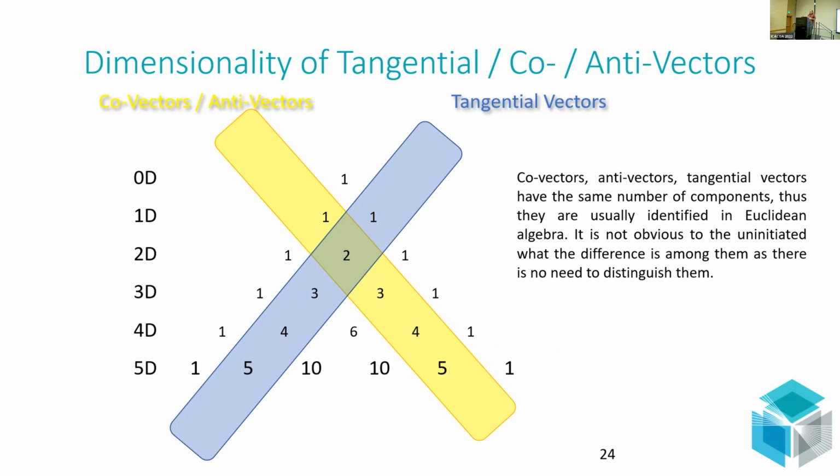We have the same number of components in all dimensions. And so in Euclidean algebra, you just identify them with each other. In 2D, they are exactly the same. In 3D, they are not the same, but they have the same number of components. This is sometimes a confusion between vectors and axial vectors and polar vectors, but they have the same dimensions. So people tend to identify them, even though they are different objects.